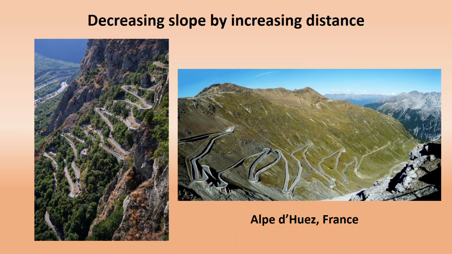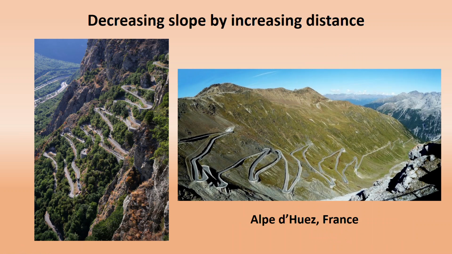This is exhibited really well in switchbacks. If you're a cycling fan, most people aren't in this country, but I've always really liked pro cycling. The Alpe d'Huez mountain in France is one of the classic climbs. It uses 21 switchbacks to ascend the mountain, and essentially they're doing that so they can extend the length of the road to achieve the fixed elevation.